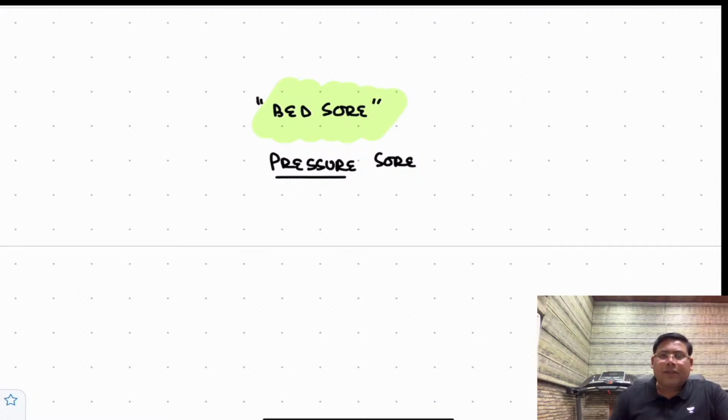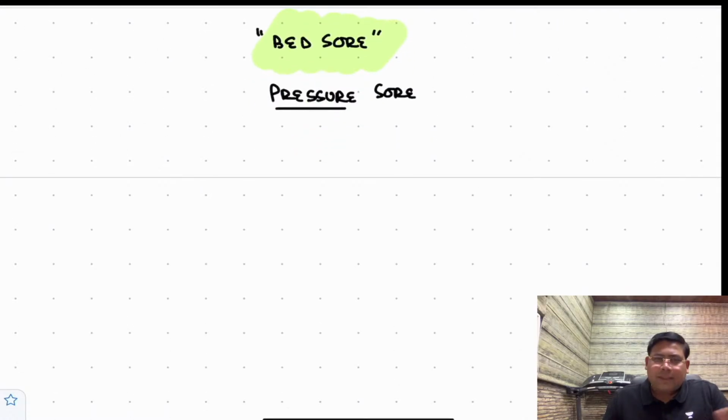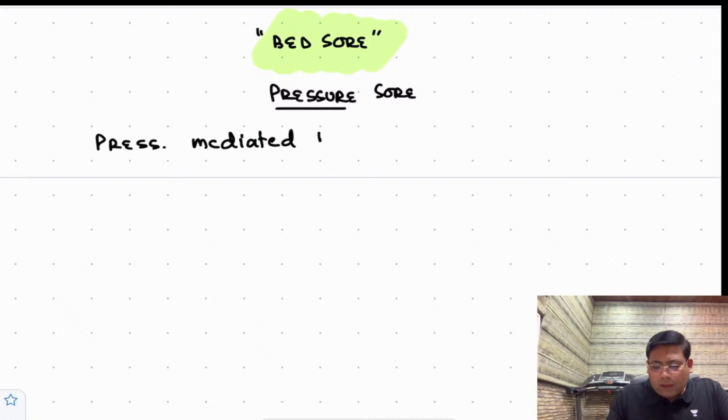Pressure dependent ischemic necrosis on the dependent parts in patients who are on prolonged immobilization. So let us try to understand. It is pressure mediated necrosis. Pressure mediated necrosis. And what are the sites where this necrosis happens? Try to understand.